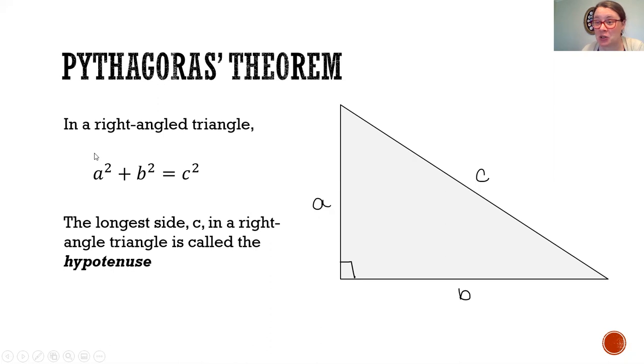So what he discovered for a formula was that a squared plus b squared equals c squared. Meaning, the longest side of the triangle, he said, is c. He also called the longest side of the triangle the hypotenuse.